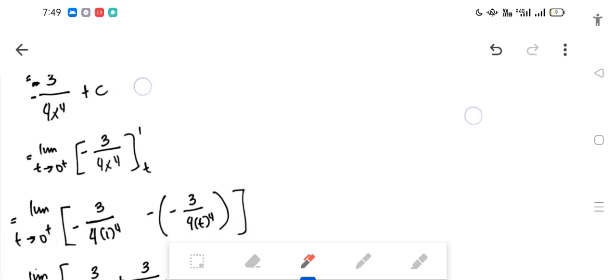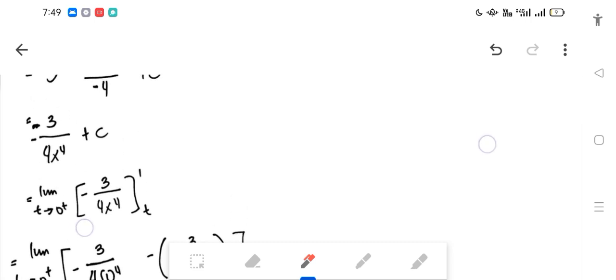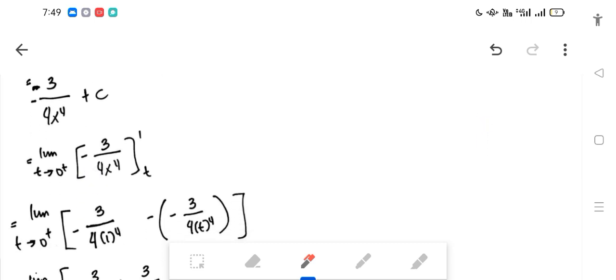So now let's evaluate the integral of negative 3 over 4x raised to 4 from t to 1.